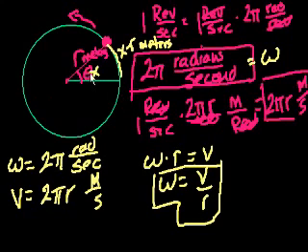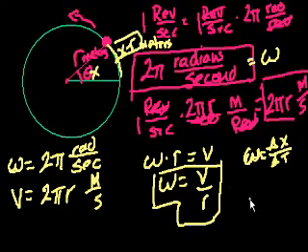But as you can see, if this angle is x, and this distance is x times r, and if omega is change in that angle over change in time, then we know this is true too. That velocity is just change in this over change in time, right?